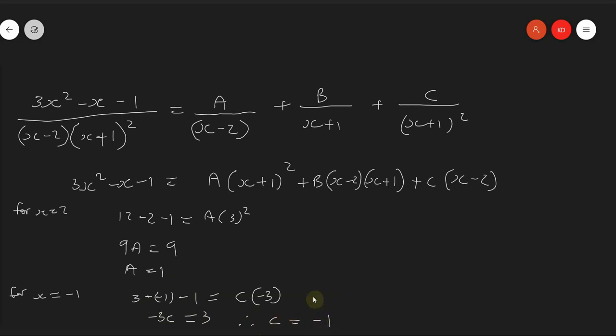Good. Now let's just use x equals 0 and find b.